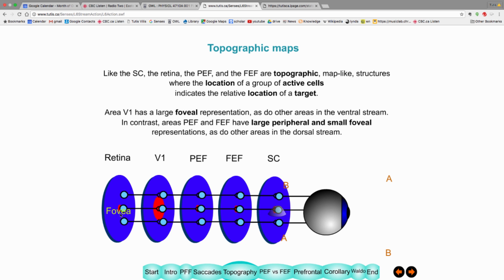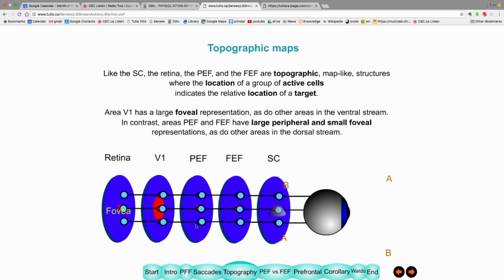It has a small representation in the retina, but because of the optic nerve concentration and in V1, it has a large representation in V1. But in the superior colliculus and these other areas, the parietal eye field and the frontal eye field, it gets back to a very small representation.